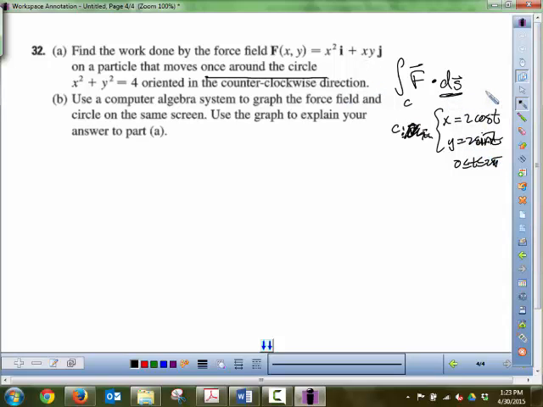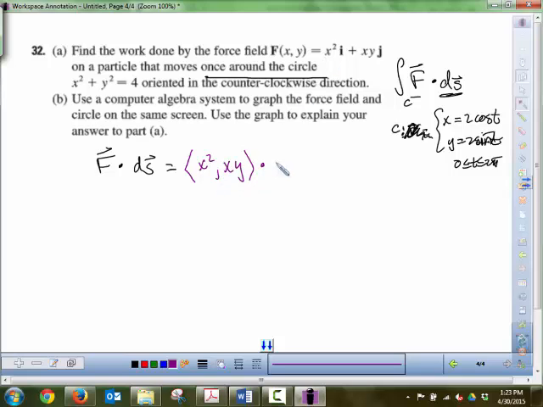We're going to want to find the r prime, and then we're going to want to dot it with this thing. So let's get our integral set up. Well, actually, let's take a look at f dotted with ds. And what's that going to look like? Our f function is x squared, xy dotted with r prime of t.